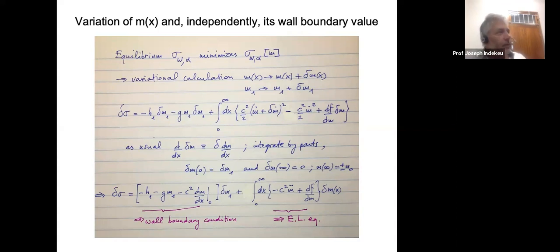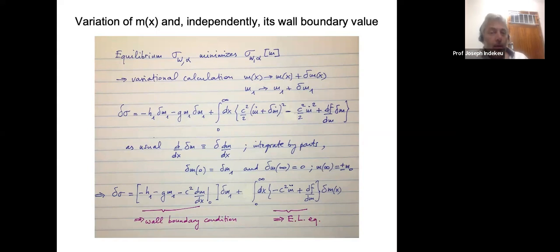One ingredient we already explored in detail, and that is to vary the functional with respect to the order parameter. And so the variation of the functional with respect to the function that's being integrated over is giving us the Euler-Lagrange equations. Okay, so that we did, and I have actually explicitly included the derivation of the Euler-Lagrange equations here.